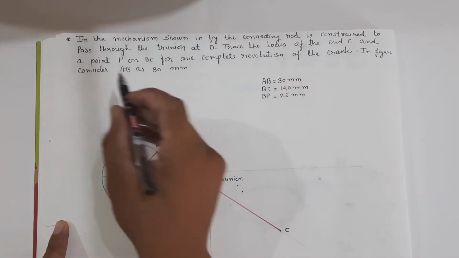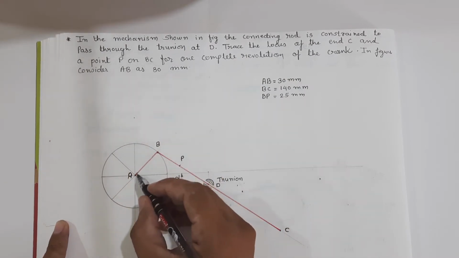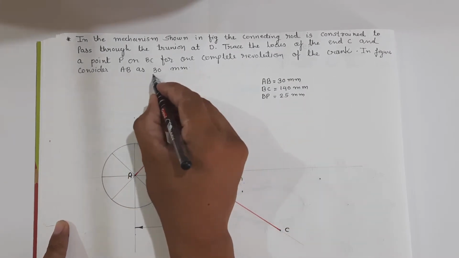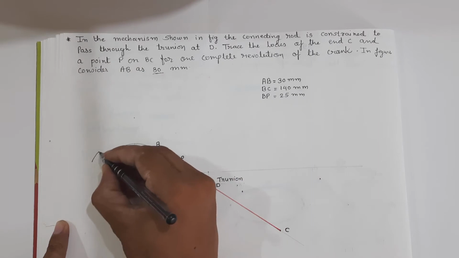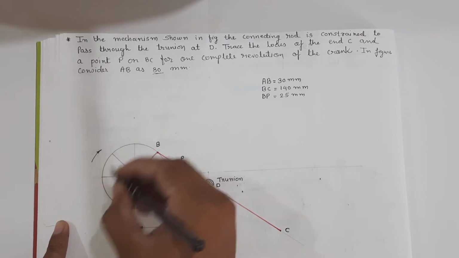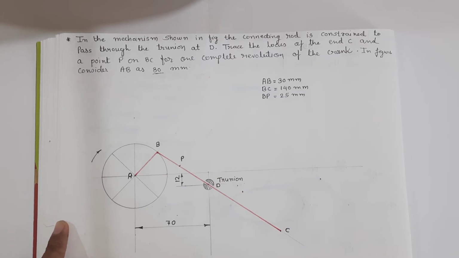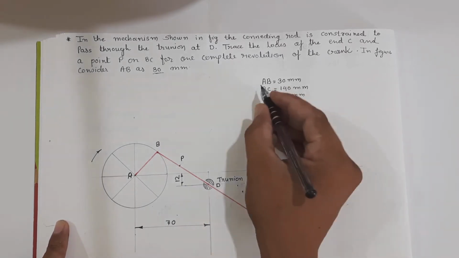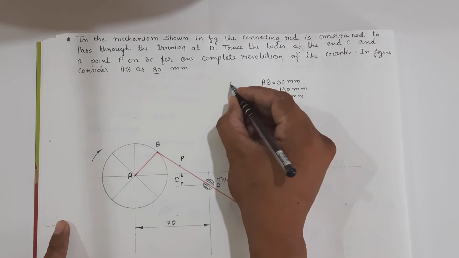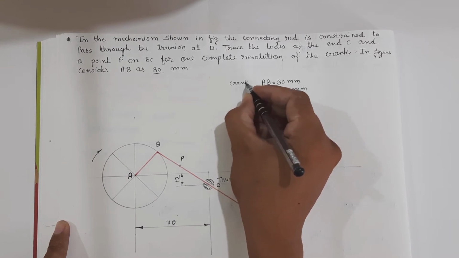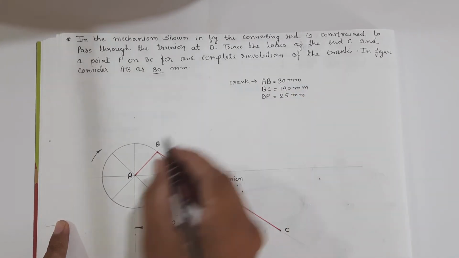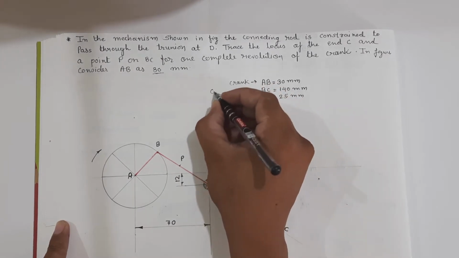In figure, consider AB as 30 mm. Let us say that the crank AB will rotate in the clockwise direction for one complete revolution. So AB is a crank. BC will be our connecting rod.